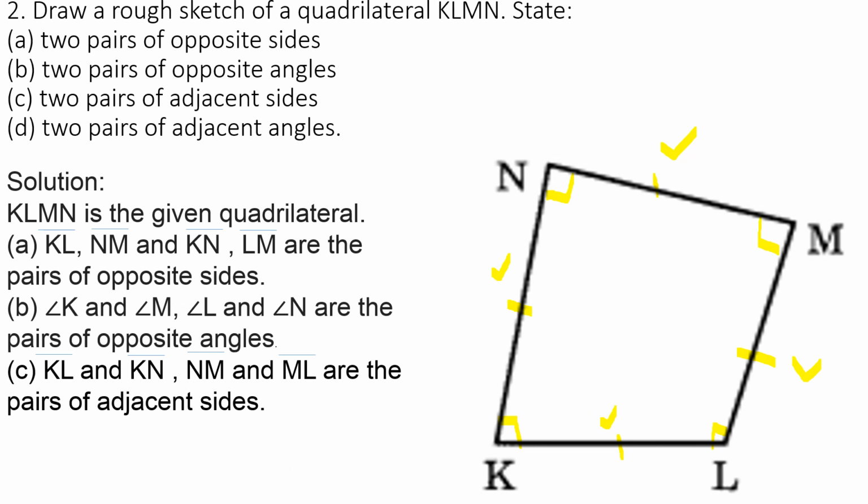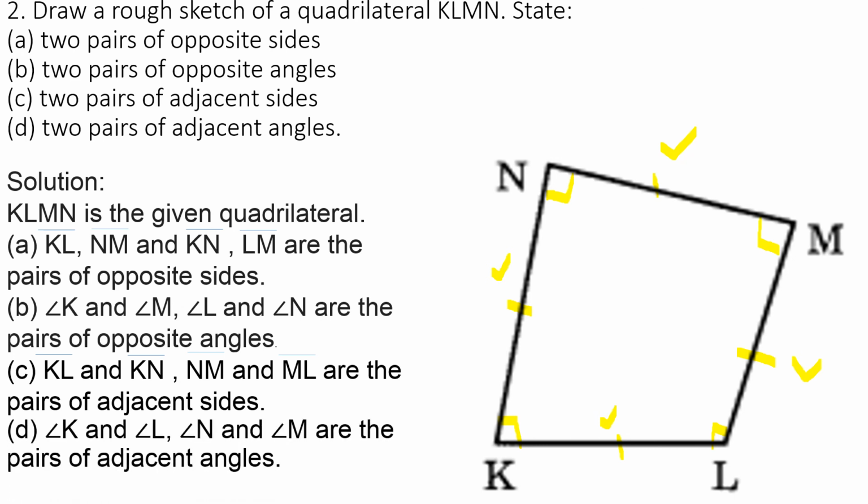Then the next question, two pairs of adjacent angles. So consecutive angles: K and L, these two are adjacent angles. Then M and N, these two are adjacent. You may ask, ma'am, why can't we say L and M are adjacent?